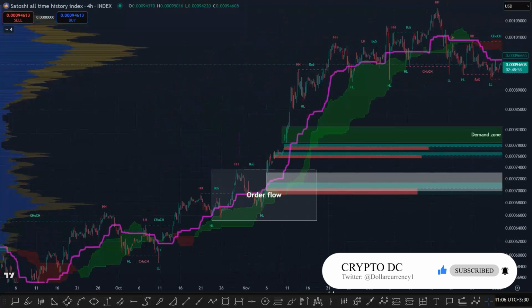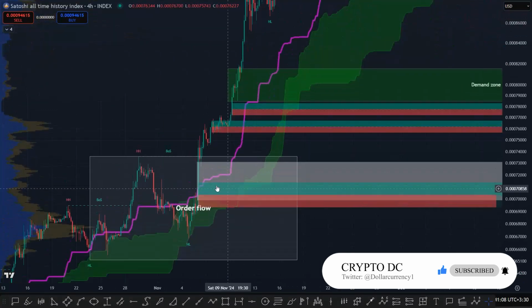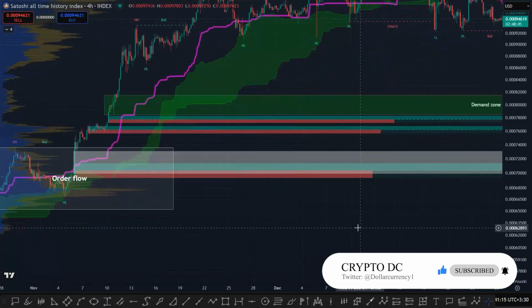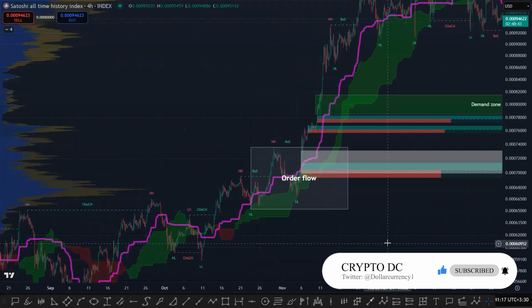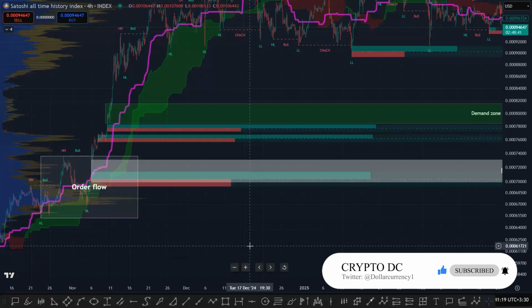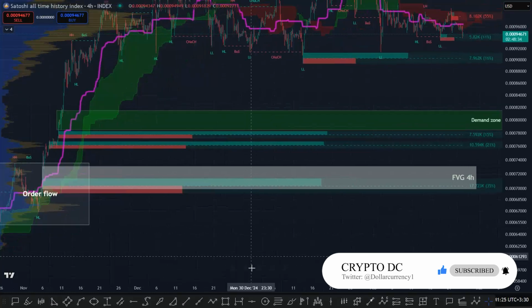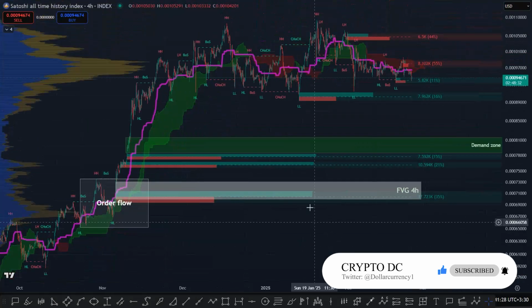Okay, yeah, we have an FVG here, a fair value gap. This FVG, around 69 to $73,000, can act as a magnet for the price, and there is a high possibility to test these levels.